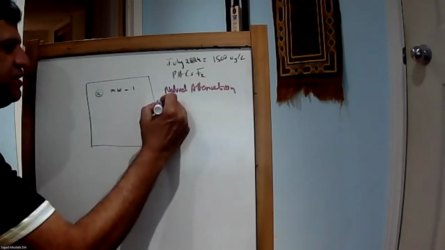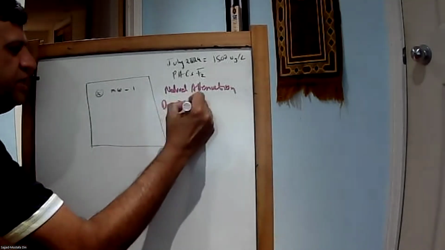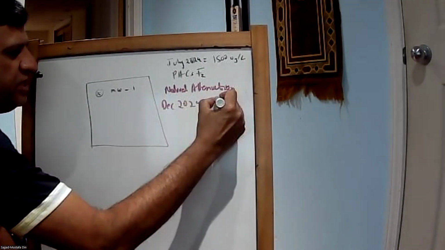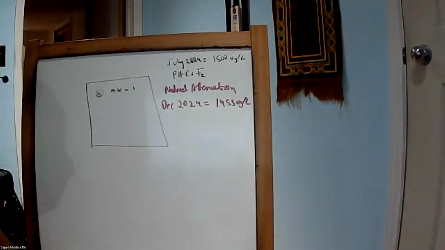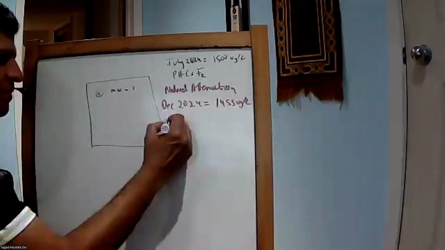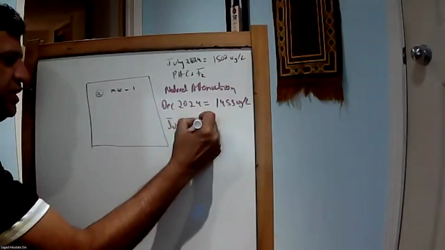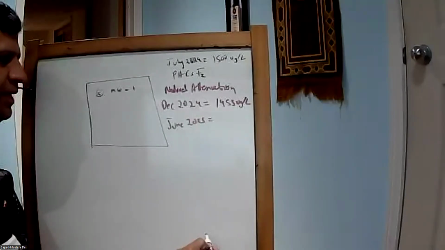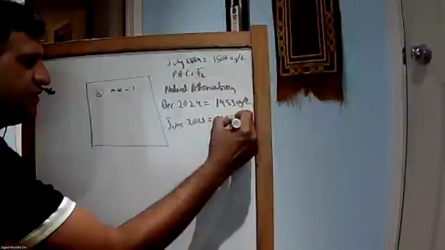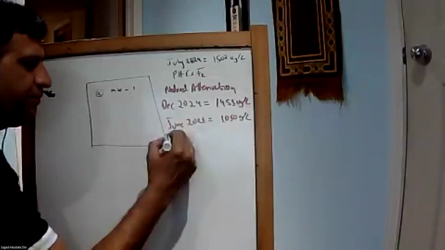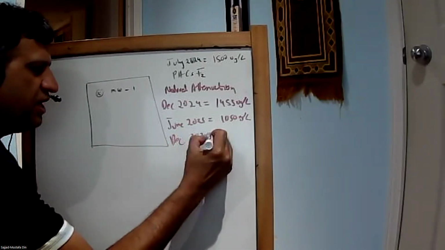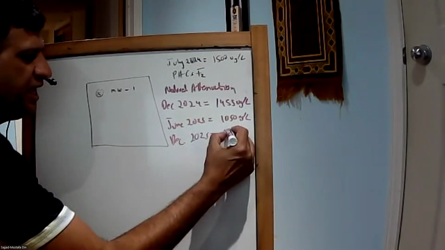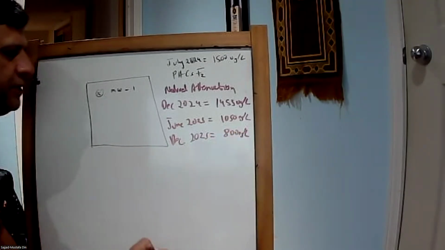So you went back in December 2024, and the result was 1453 micrograms per liter. Okay, you've seen some improvement. Then you went back in June 2025, and you saw it was down to 1,050 micrograms per liter. And in December 2025, going to the future, it's at 800 micrograms per liter.